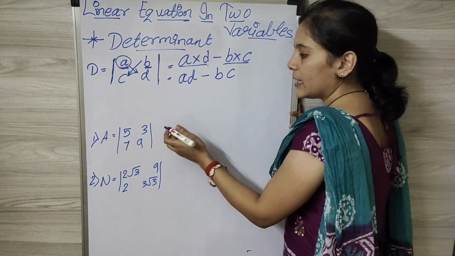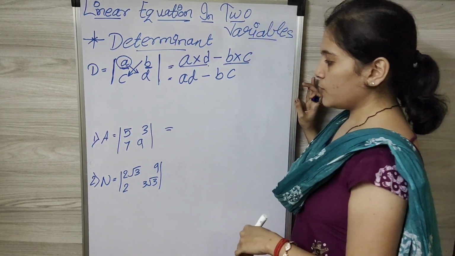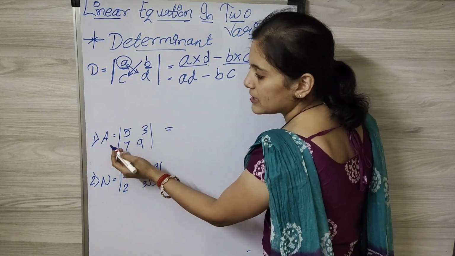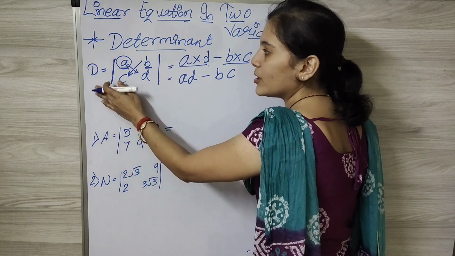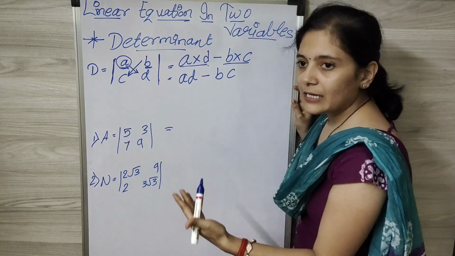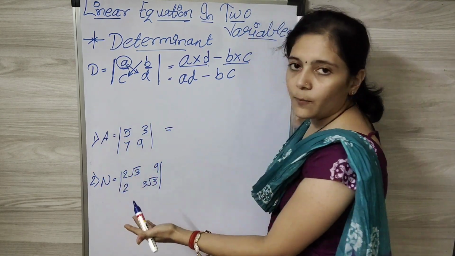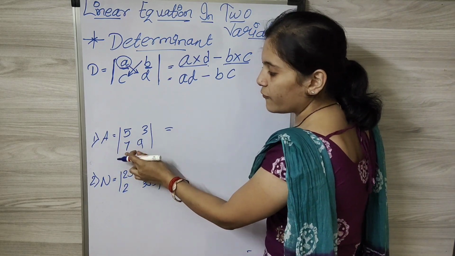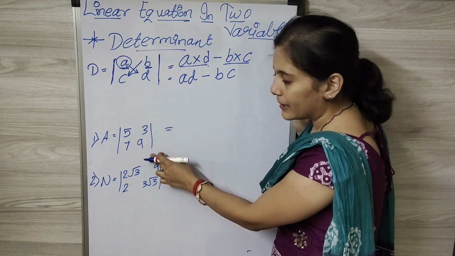So I will take one example which will be very easy for you to understand, right? It's not compulsory that we denote it with D. We can write any alphabet, but it should be a capital. So A is equal to 5, 7, 3, 9, right?